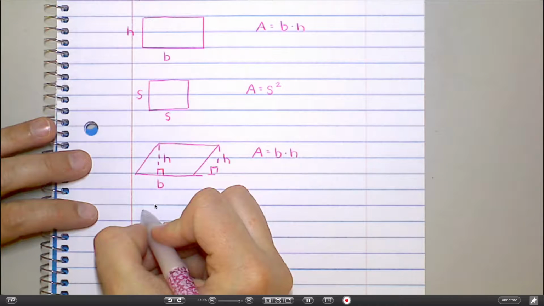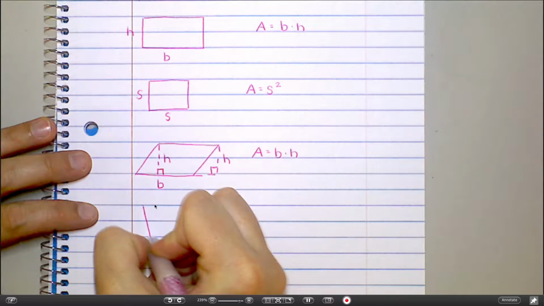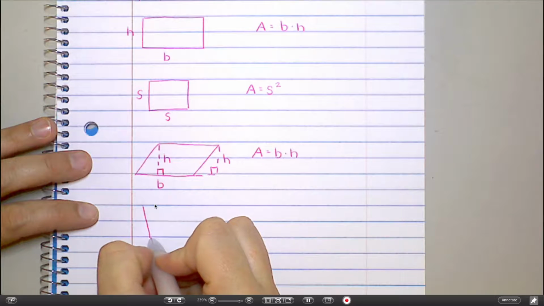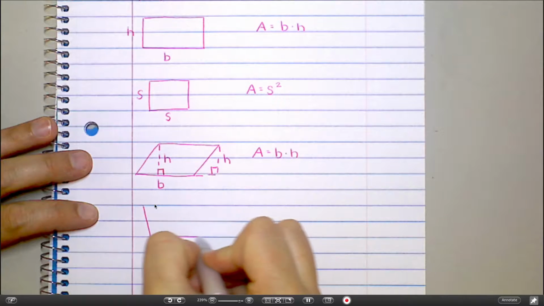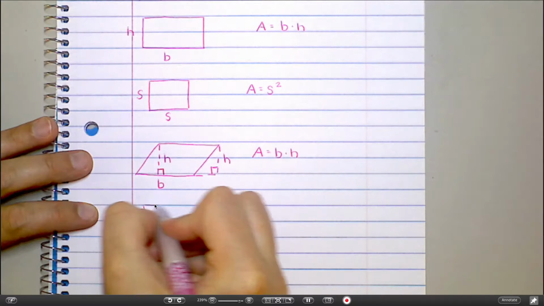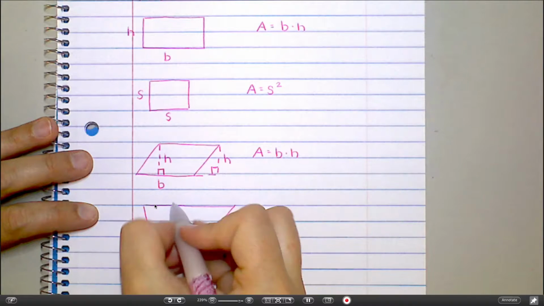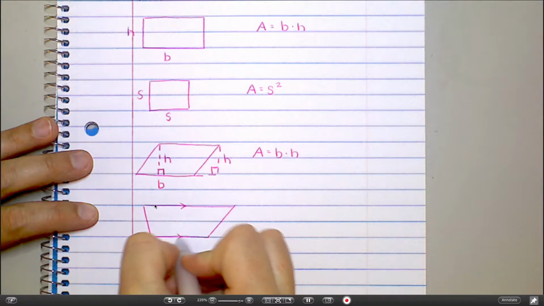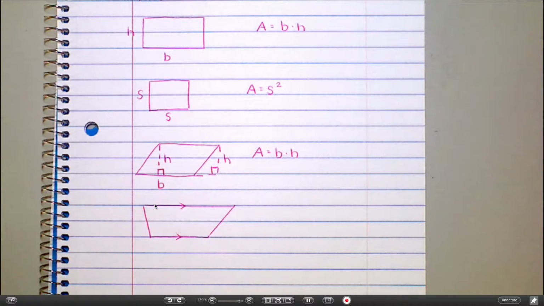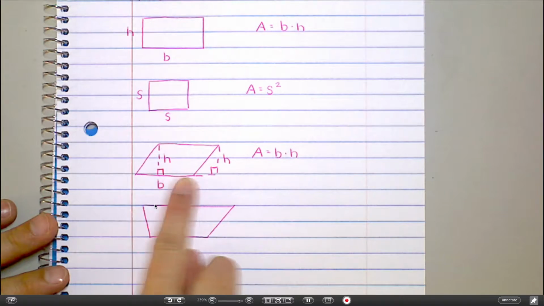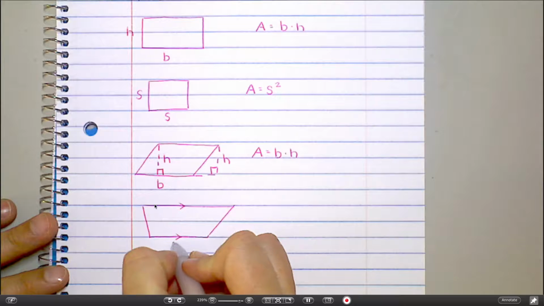How about a trapezoid? Yep. A trapezoid's a little more complicated. Remember, a trapezoid has one set of parallel sides, two sides that are parallel to each other. And so really, instead of having just one base, like a parallelogram does, it has two bases.